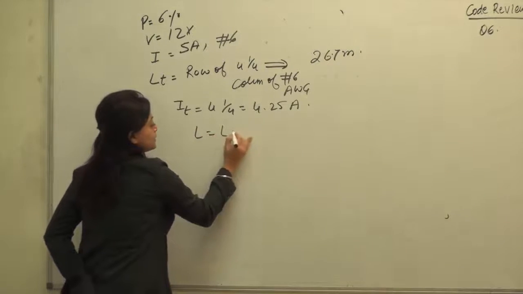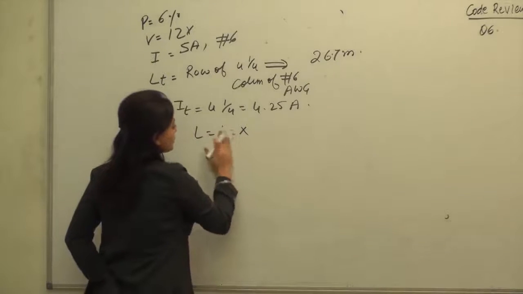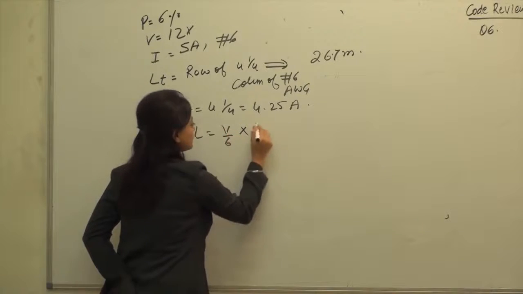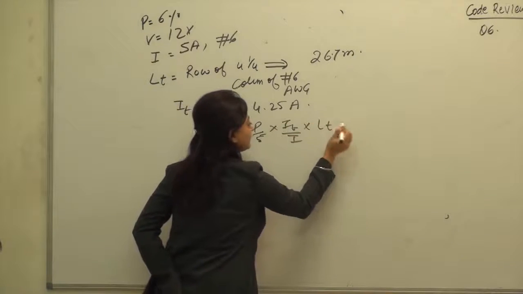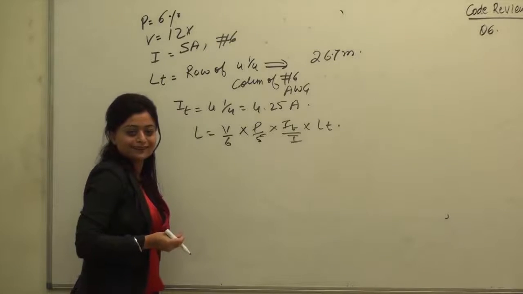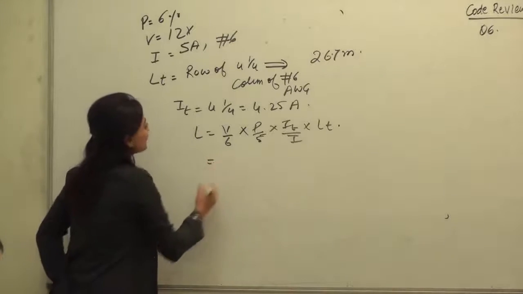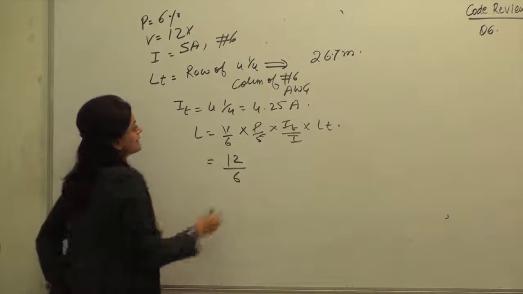Now the formula that I'm using is L is equal to V over 6, P over 5, IT over I times LT. Is that correct? So tell me, what is the value of voltage given? 12, we'll divide that by 6.